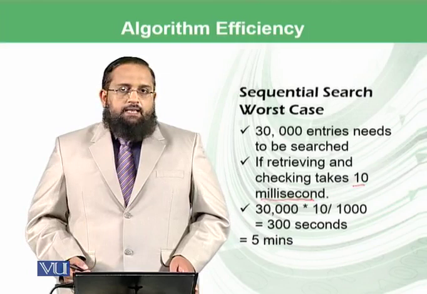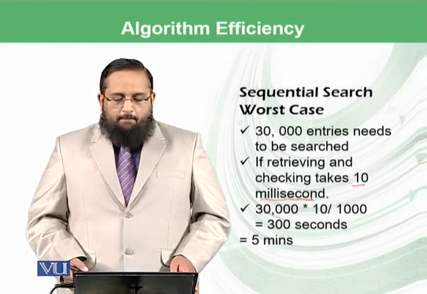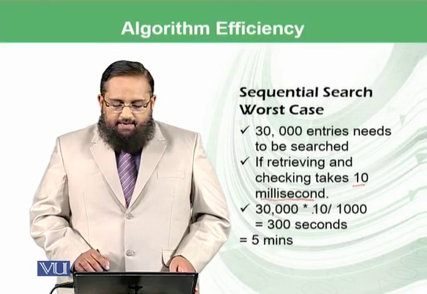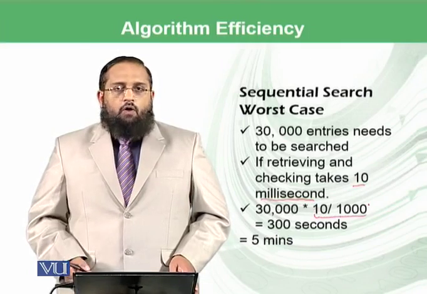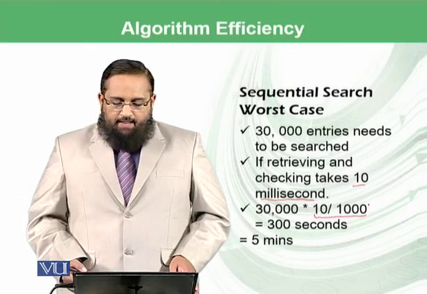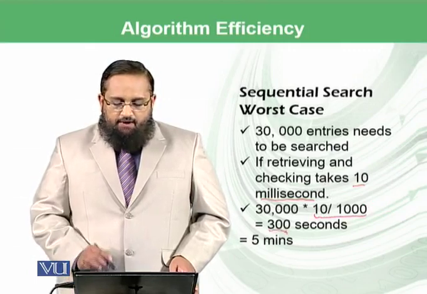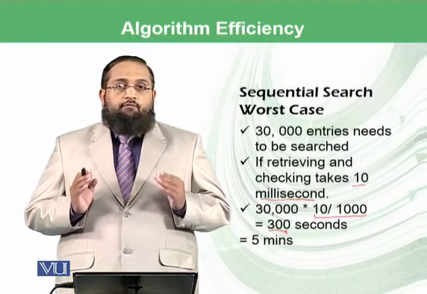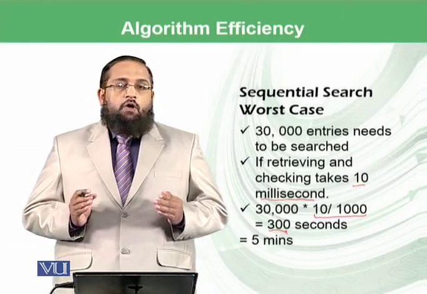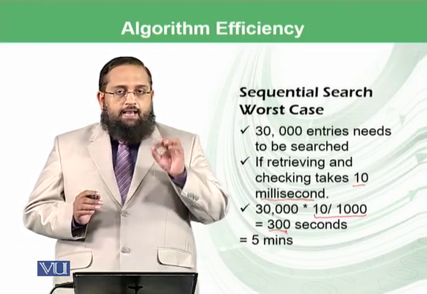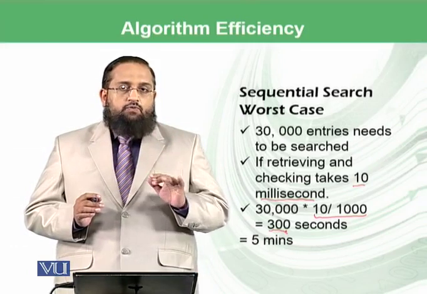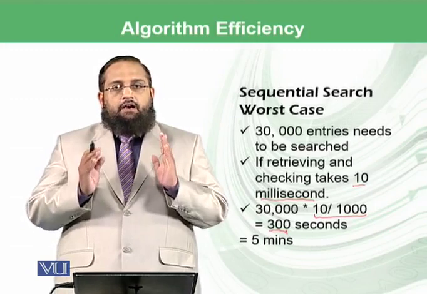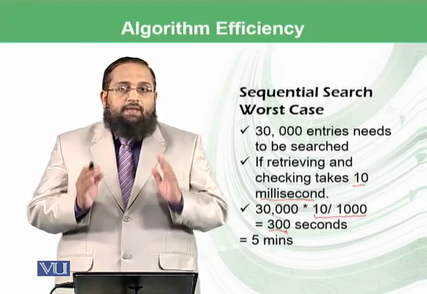So 30,000 multiplied by 10 divided by 1000, because 10 milliseconds is one hundredth of a second, and it will require 300 seconds, which means 5 minutes. This would be a very embarrassing situation for the registrar, who has entered a student registration number in the list and has to wait for 5 minutes.